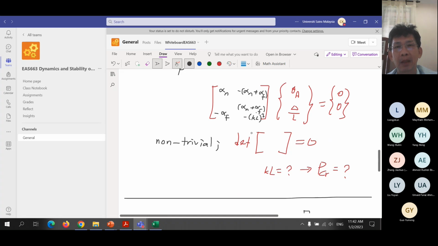Okay. And to solve this, again, you can make use of this Excel spreadsheet. Assume a series of values of KL and then calculate alpha n and alpha f for different values of KL.